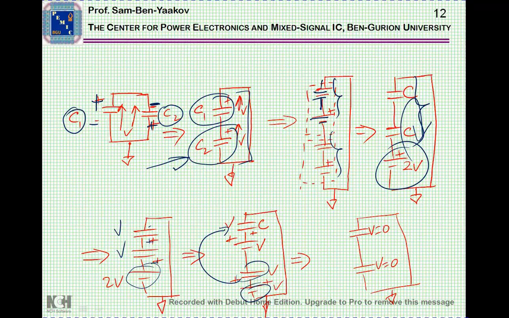And of course you have two opposing voltages, which shows that you end up with a zero voltage on each capacitor. Well, we don't look at it this way usually, but that's the story. That's what happened. And this is very similar to the case of the two inductors which are connected in parallel, having the same direction of current.